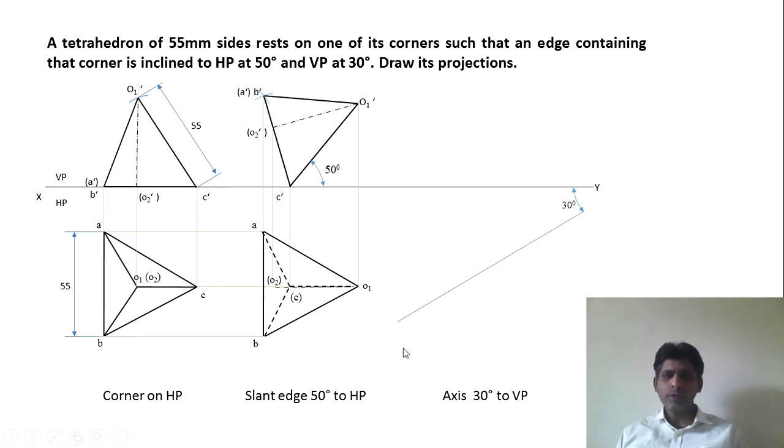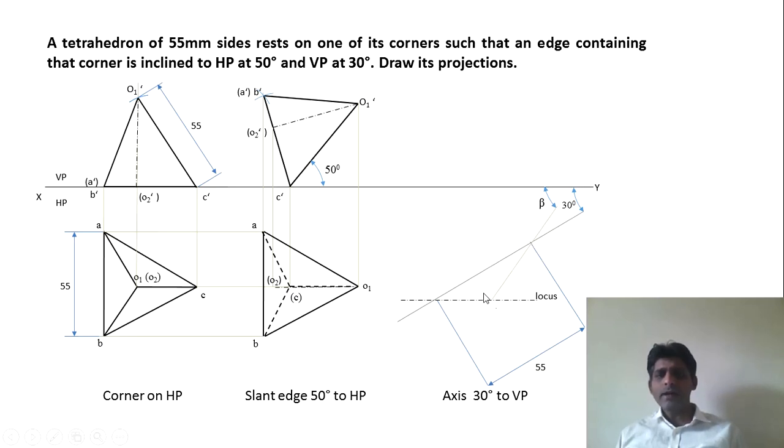So to do so, we will mark one point here, and we will take this measure, that is O1 dash C dash, mark an arc, and through that arc we will draw one locus. Then we will measure O1C from this particular view, and from the initial point which we had selected, from there we are going to cut the locus.